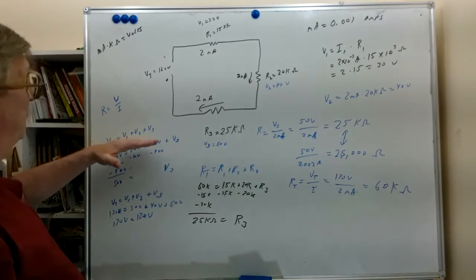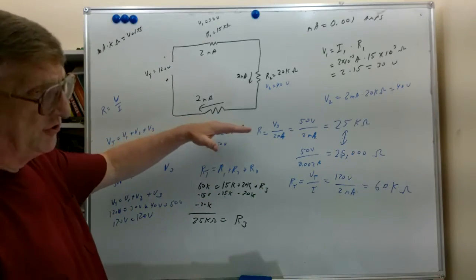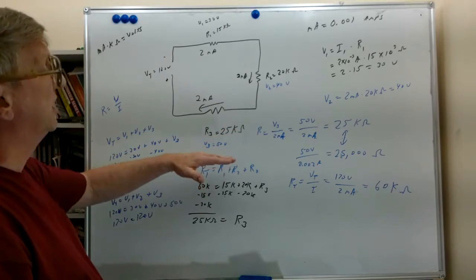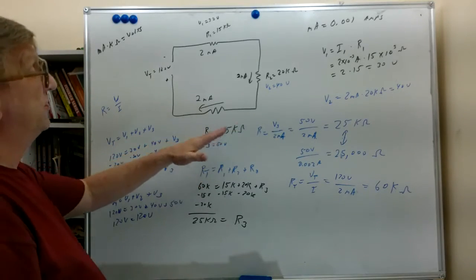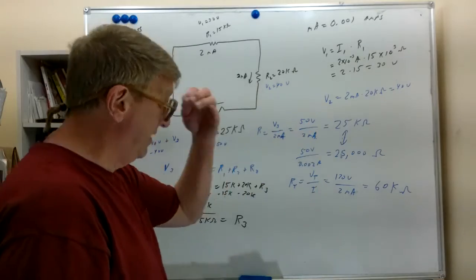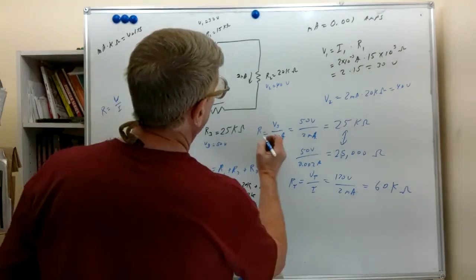Over here we solved the series voltage formula and got a voltage across R3, and we were able to calculate the resistance of R3 using this formula right here, voltage over current.